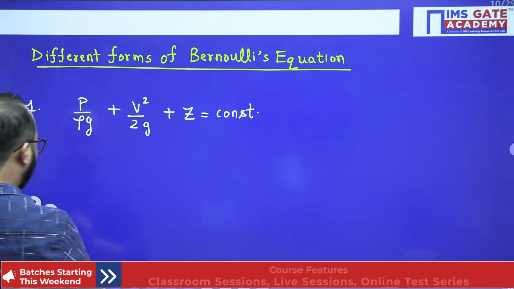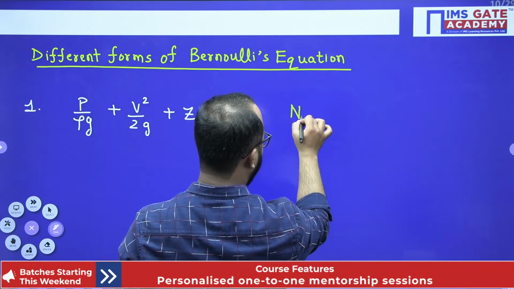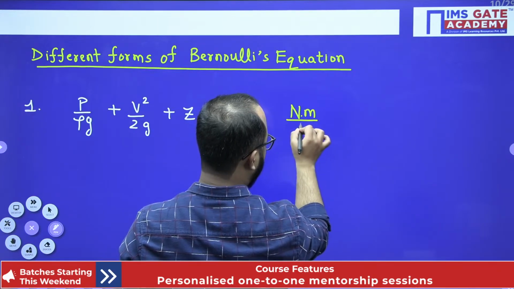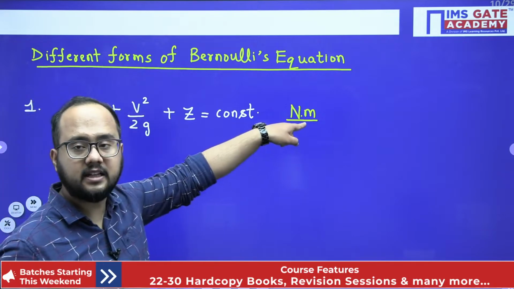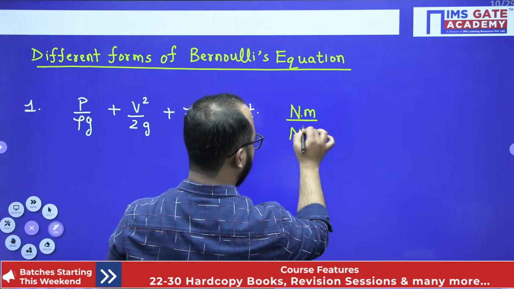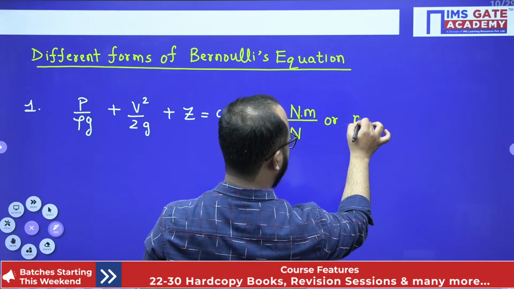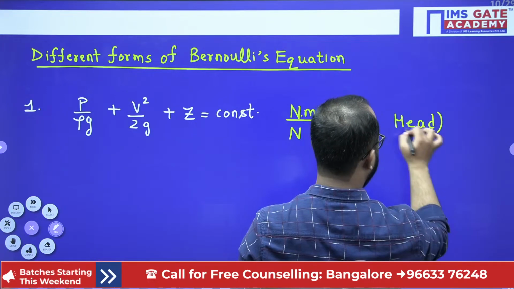Now the unit for this equation is energy per unit weight. Energy is Newton meter, and weight is Newton. So finally you will have meter, which is also known as head.